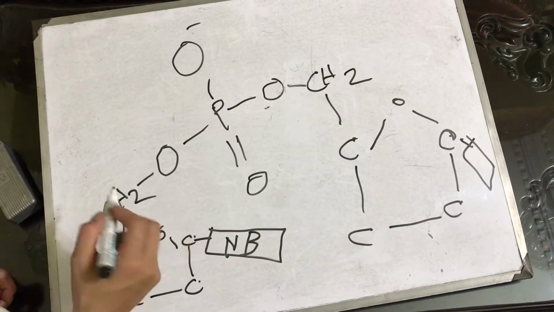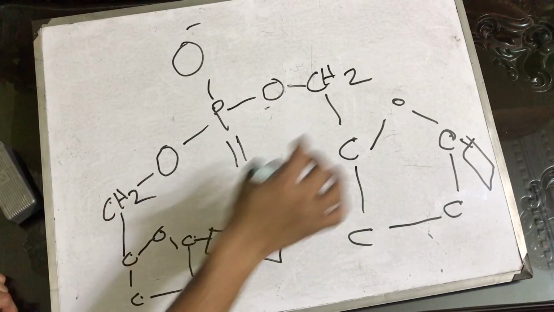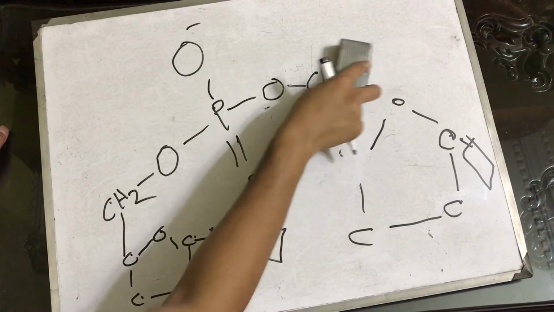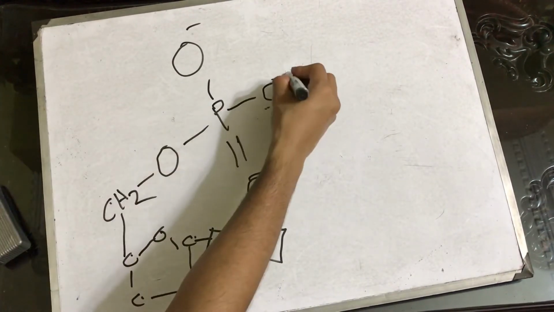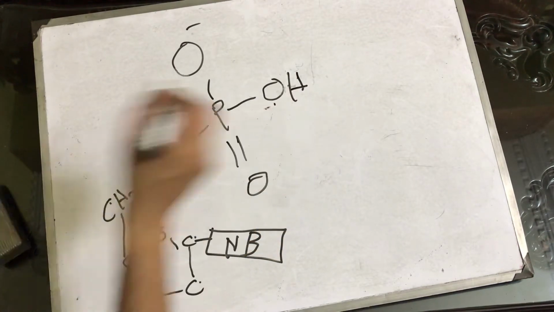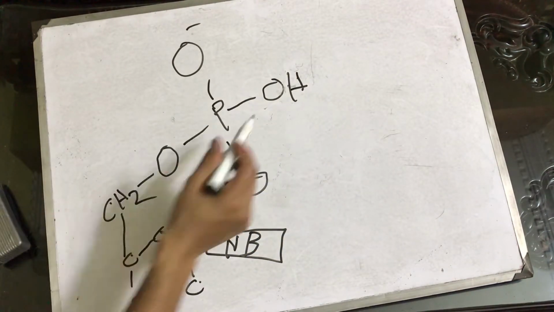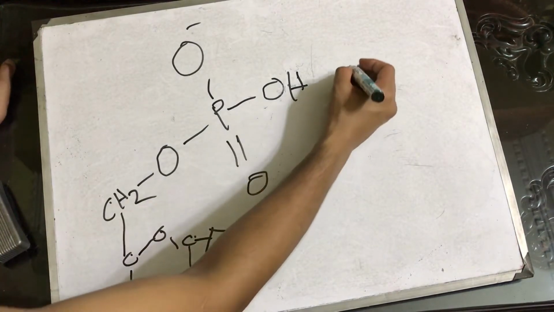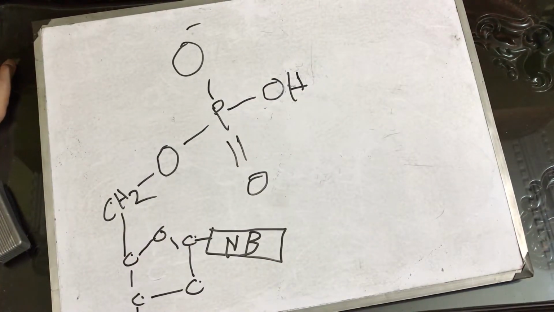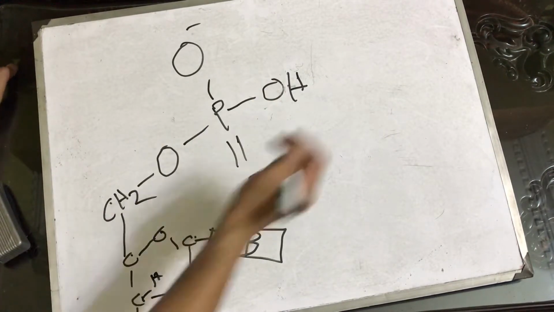Sorry. This hydroxide will form a bond with the carbon atom 3 of the next nucleotide. Let's see the bond forming. We know that this carbon has hydroxide, hydrogen, I showed you. These two will form another ester bond.